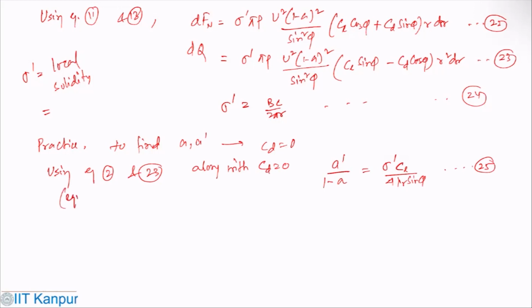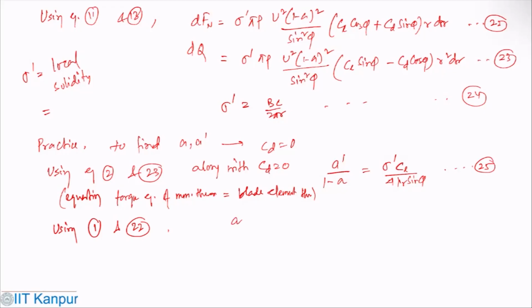Here we are equating the torque equation of momentum theory to that of blade element theory. So these two are equated. Similarly, the normal force equation: using 1 and 22, you equate the normal force equation of momentum theory and the blade element theory.